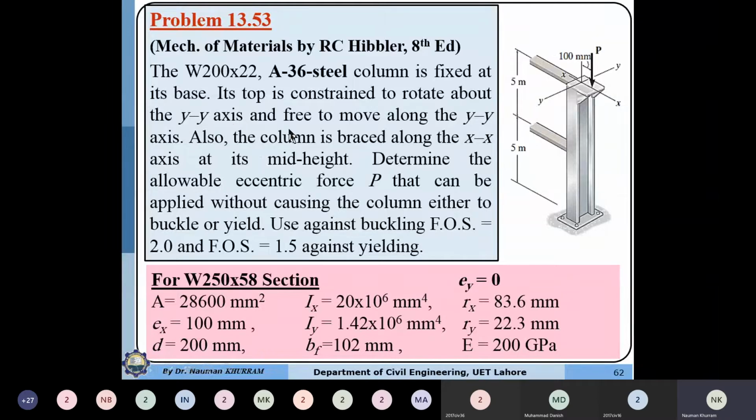That he has mentioned over here. Again, its top is constrained to rotate about the y-axis and free to move in y. Actually, this is vice versa. This wrong statement is given.